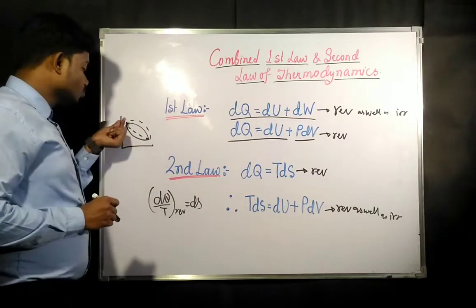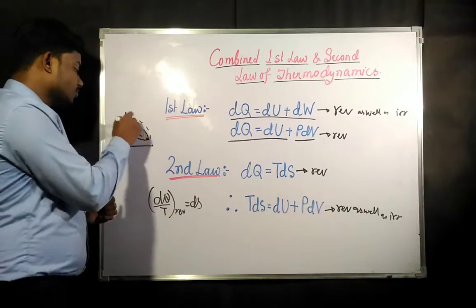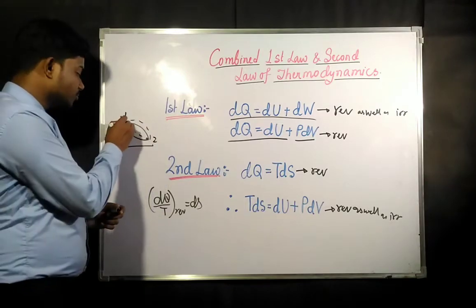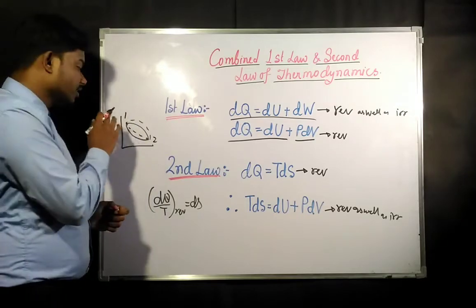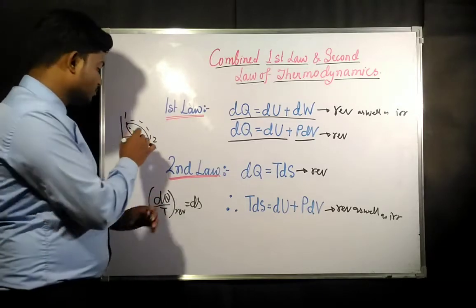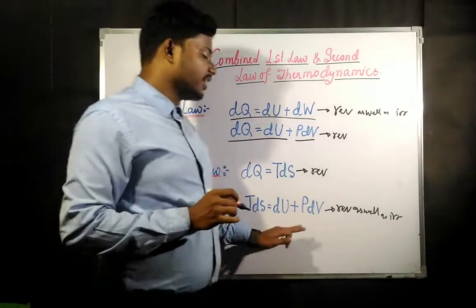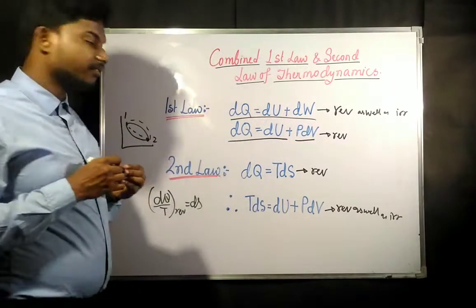If two definite states are there, state 1 and state 2, then for this point pressure, volume, temperature, entropy are going to have the same value. And for this point also temperature, entropy, internal energy, volume, pressure are going to have the same value.